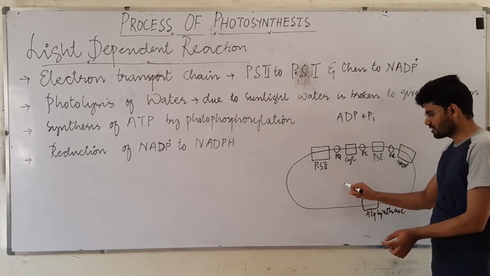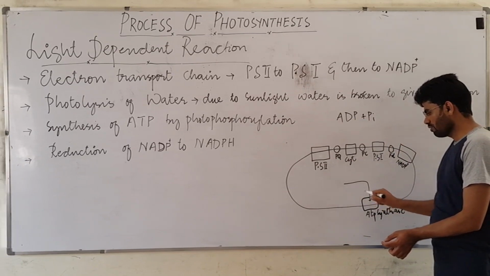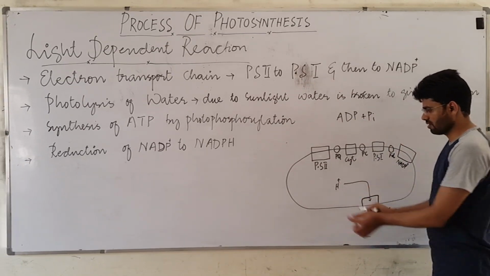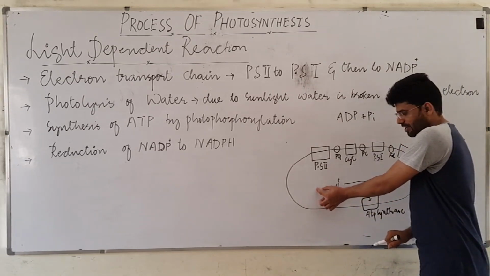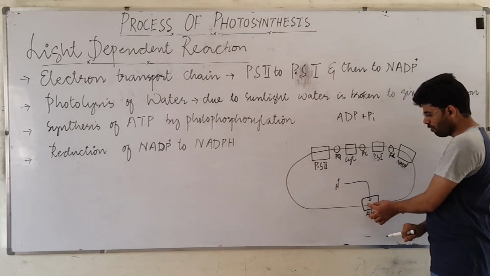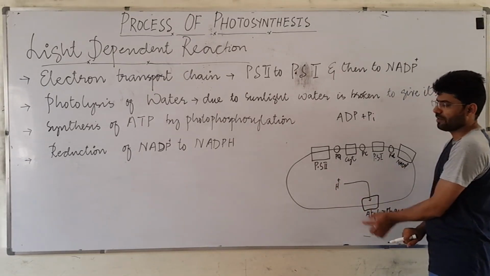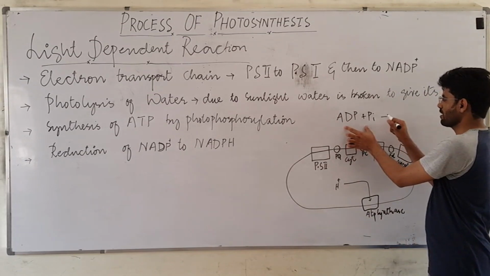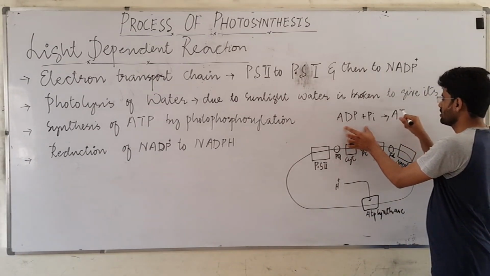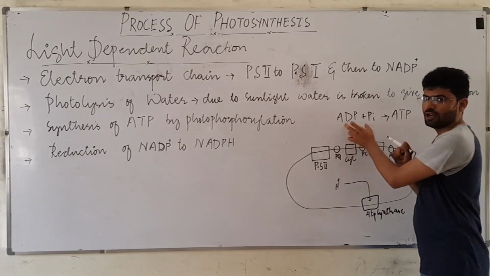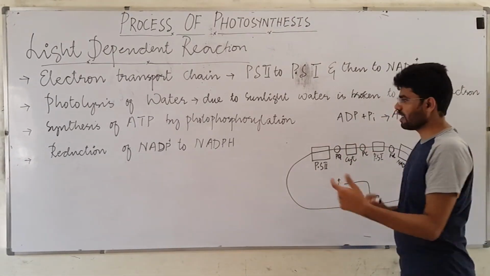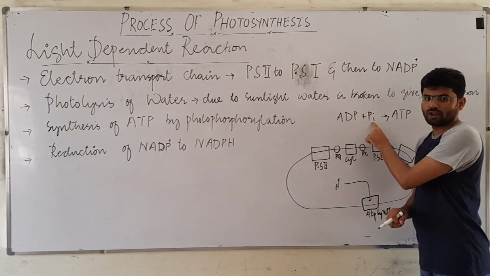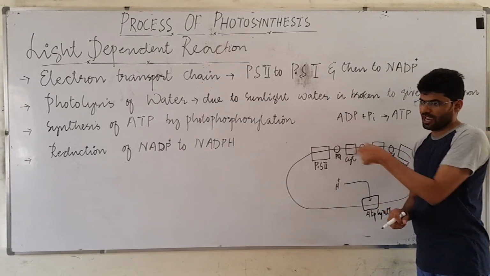So when protons move from this thylakoid space through the ATP synthase complex, they synthesize ATP. So this process is called phosphorylation. Why? Because inorganic phosphate is attached to ADP to make ATP.